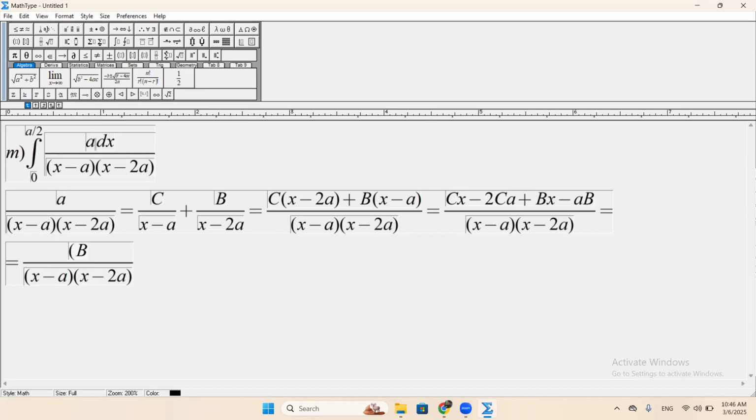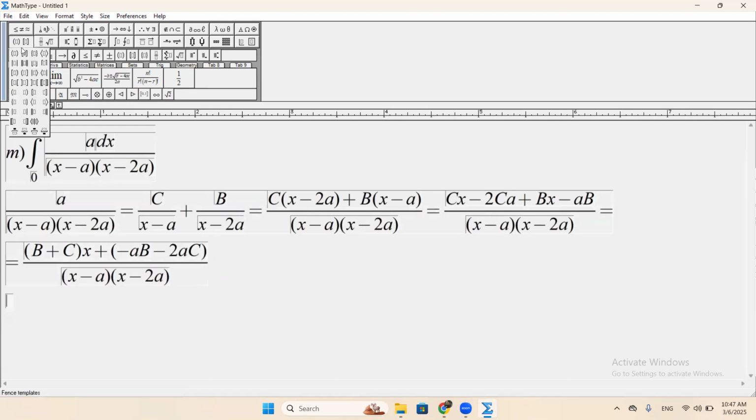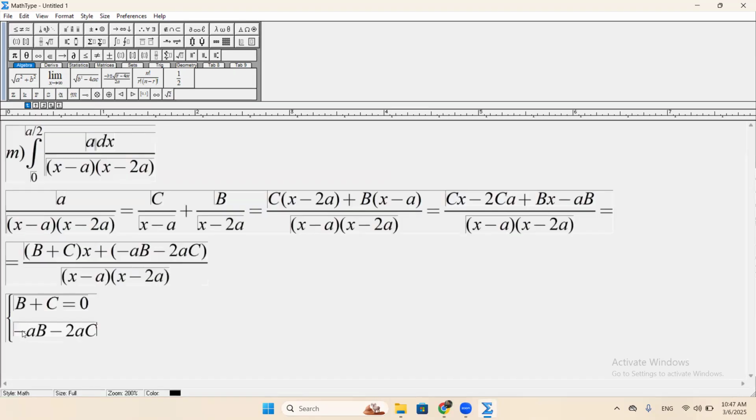B plus C times x, and minus 2a B minus 2a C. Okay, so we have the following system of linear equations: B plus C equals 0, and this expression equals a.